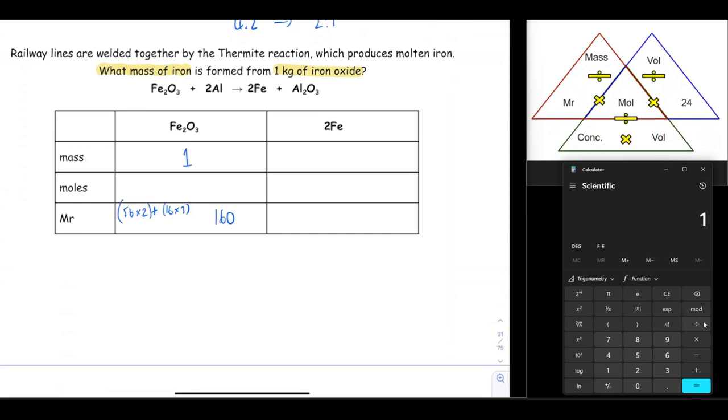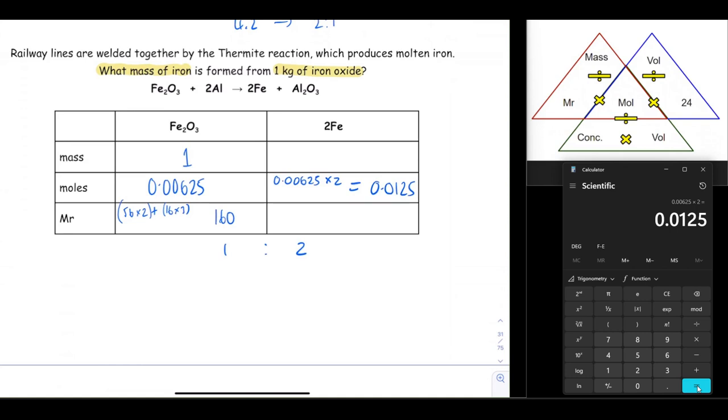Well, 1 divided by 160 will give us our moles, 0.00625. My molar ratio is 1 to 2, so I've got double the amount of iron, so I just times that by 2 to get my moles of iron. 0.00625 times 2 gives me 0.0125.